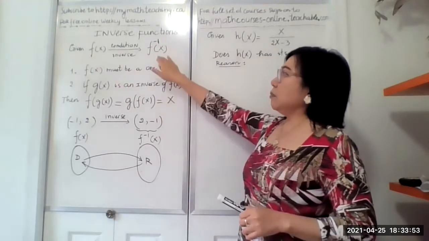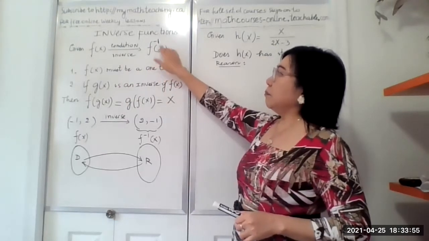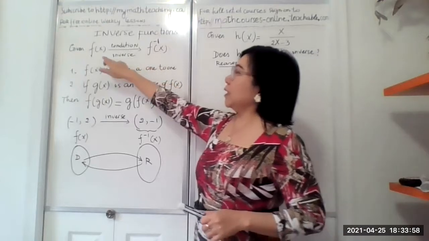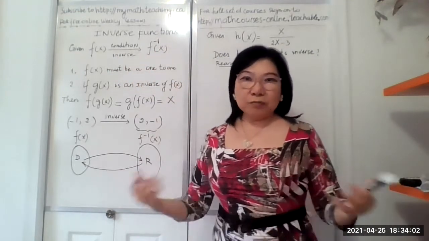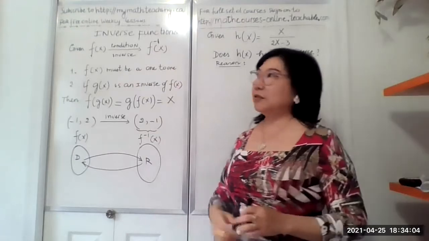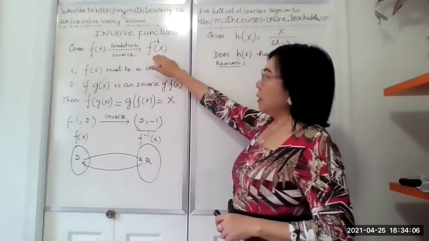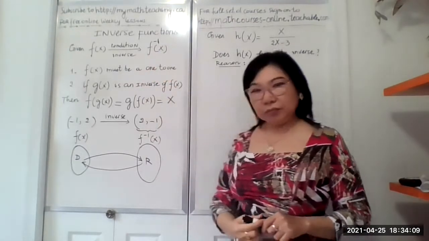You can also name the inverse of f(x) by a new function like g(x) or h(x), whatever you want to name it. But we know we're talking about its inverse, right?